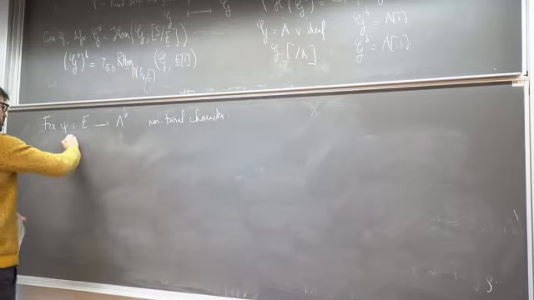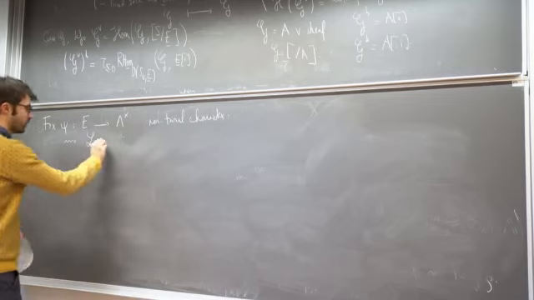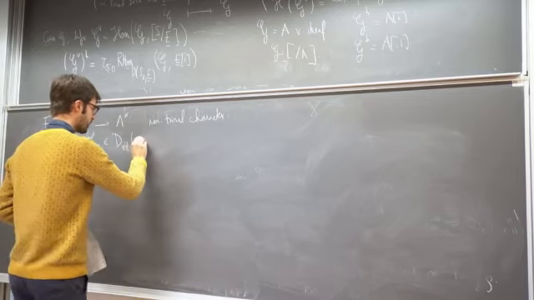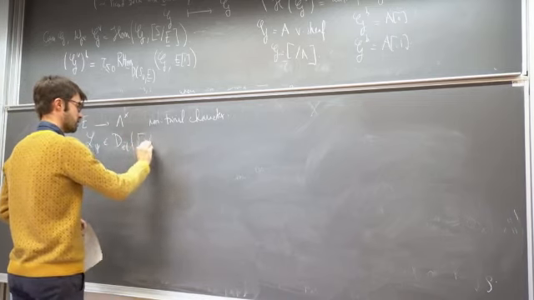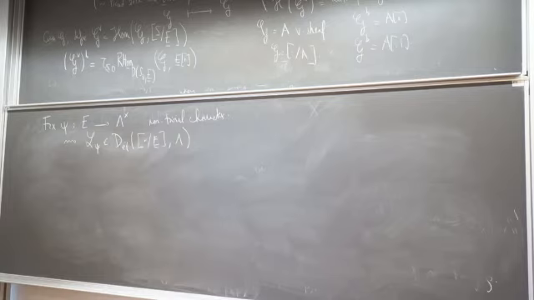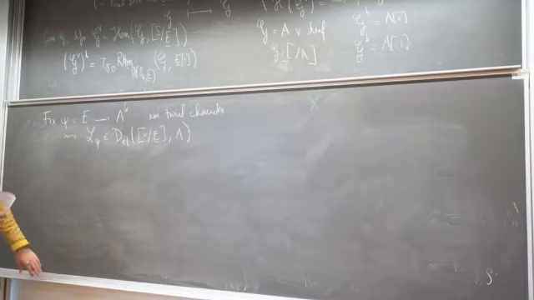So it gives rise to an object, to a sheaf on this stack, the classifying stack of E over Lambda. This stack will play the role that the affine line was playing in the characteristic p schematic setting.